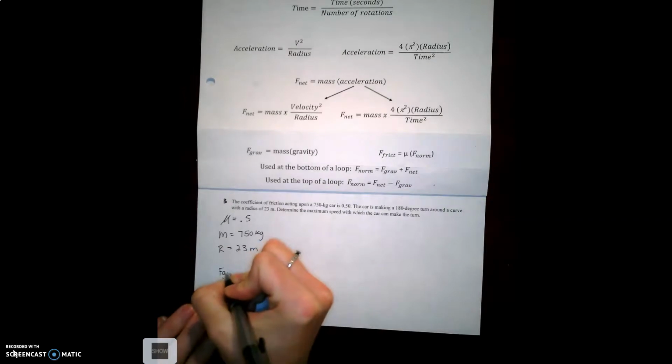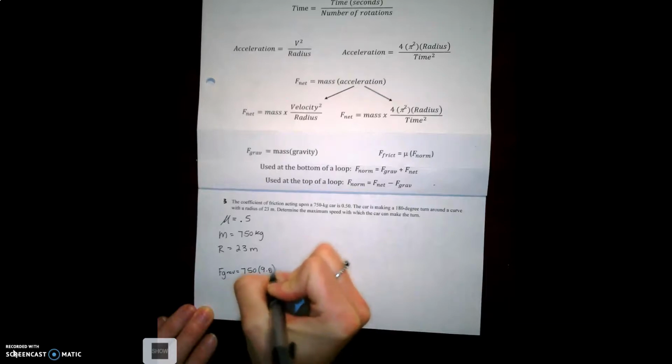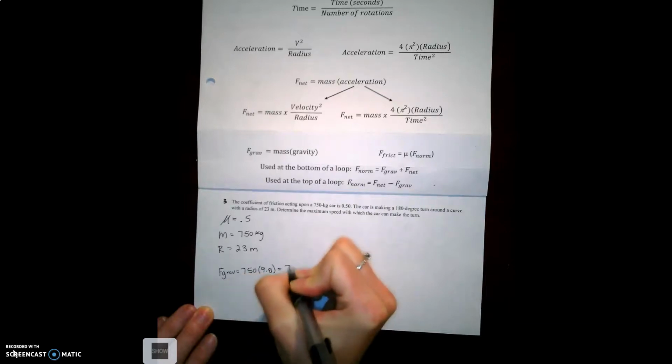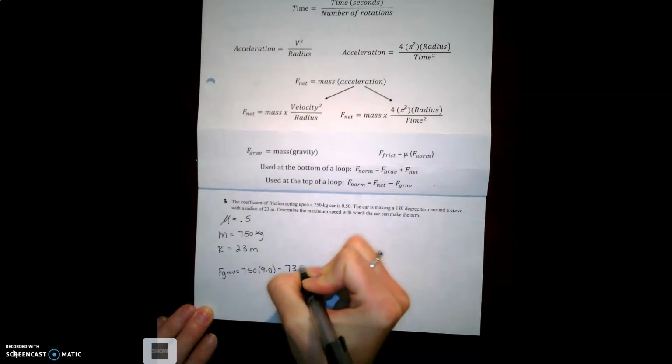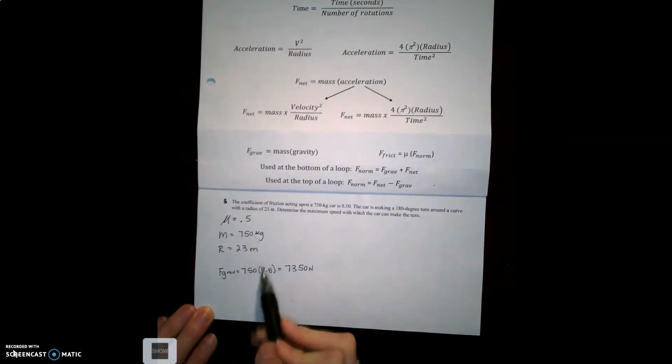For this one, we're going to use a lot of different formulas rearranged to find the velocity. The first thing we are going to do is find the force of gravity. So we have our mass, 750, and we multiply that by 9.8 to get 7,350 newtons. So with our mass, multiply that by gravity to get our force of gravity.